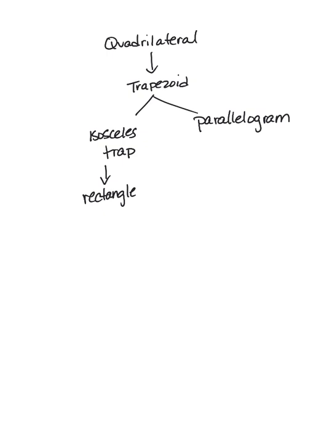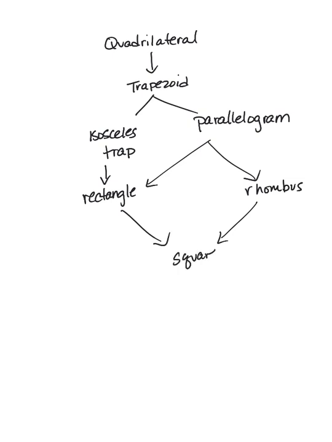Parallelogram as well. But they're different shapes turning into a rectangle. So you could have a rectangle. A parallelogram could also turn into a rhombus. And then at the bottom of the family tree, a rectangle and a rhombus can turn into a square separately.